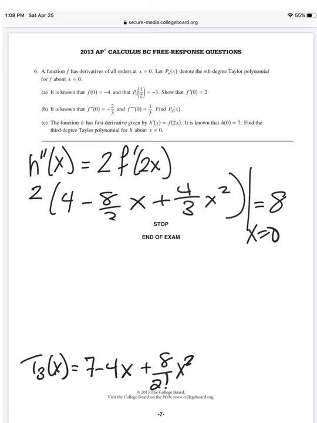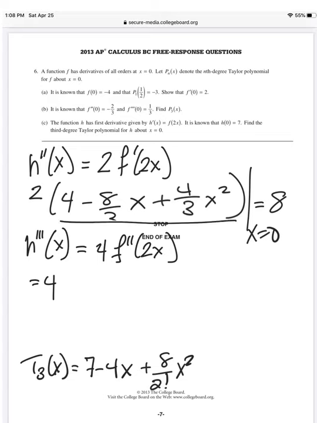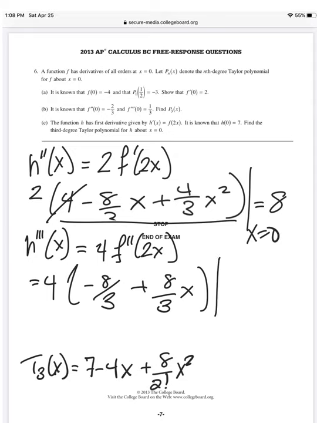Yeah, this problem really sucks. I'm sorry. Hopefully you don't get something like this. So the third derivative is the last time you've got to take the derivative. When we take the derivative, chain rule again, the 2 comes out, that'd be 4. And then the second derivative of 2x. The derivative of 4 goes, the derivative of negative 8/3 x would be just negative 8/3, plus the 2 comes down, it's going to be 8 over 3 x, and again we're plugging in x equals 0, so that goes away.